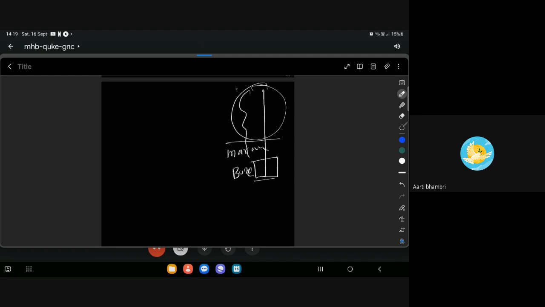So they have told the height of this part is 450 meters. So find the total height of the tower. This is the question they have asked. How to solve this?